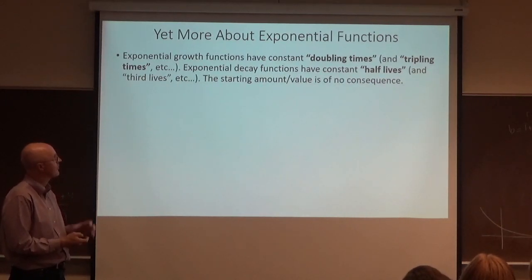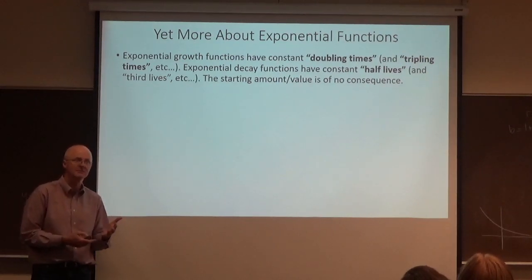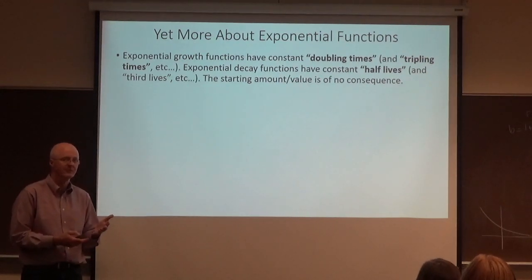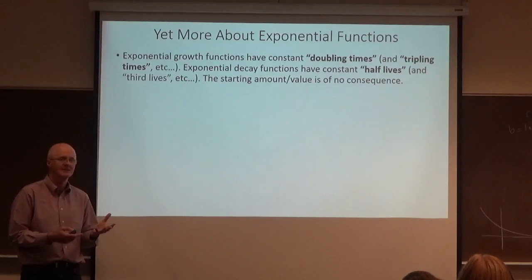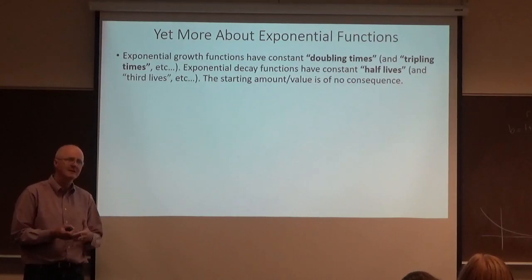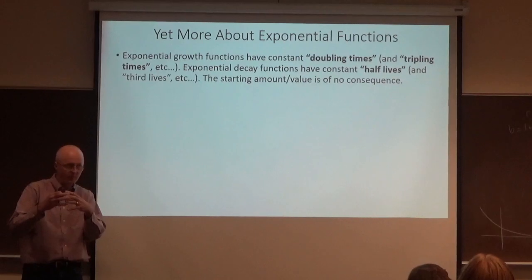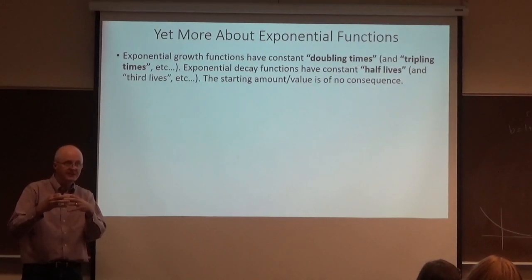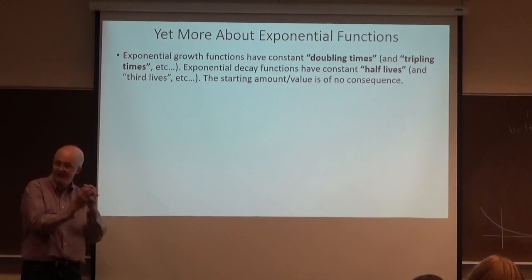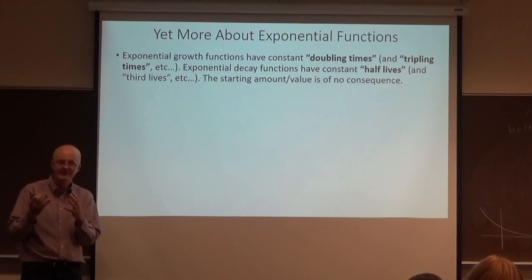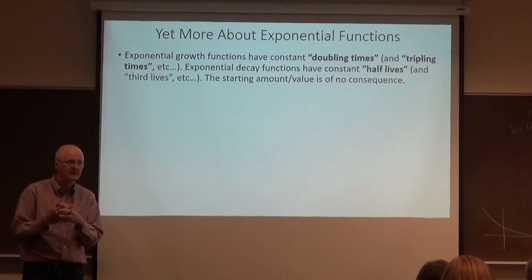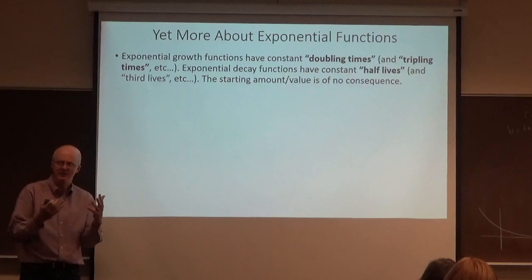Exponential decay functions have constant half-lives, or third lives, or fourth lives, or fifth lives, etc. An amount of time for the amount, for example, of a radioactive isotope to decay to half of what it started with. Common example is carbon-14. It decays to what, carbon-13 or carbon-12?